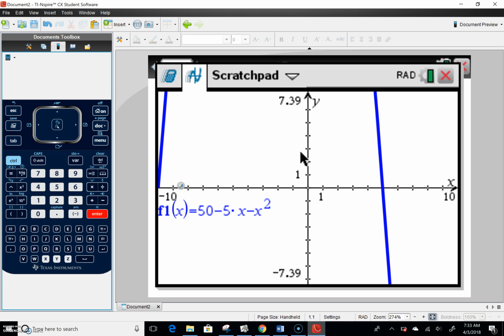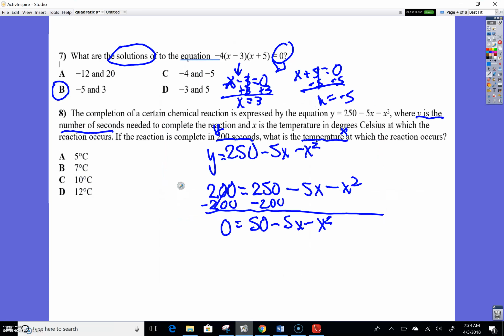You have a number over here, but 1, 2, 3, 4, 5, 6, 7, 8, 9, 10, and 1, 2, 3, 4, 5. So our answer is negative 10 and 5, but remember, time cannot be negative, while temperature can be negative. So it can be negative 10 or 5, but negative 10 is not there, so 5 is going to be our answer.